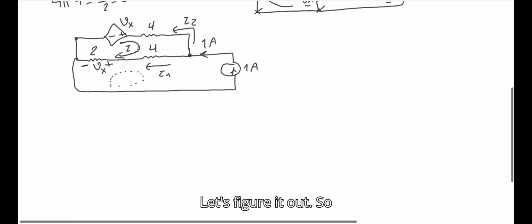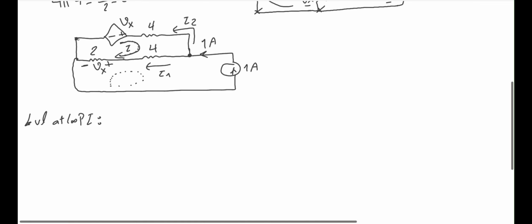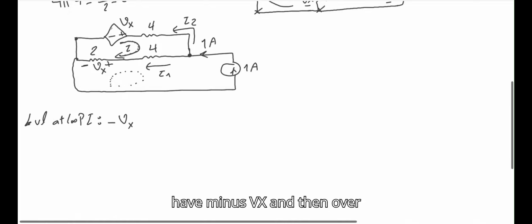Let's figure it out. So KVL at loop I. I start from here, I have minus Vx, and then over here, I2 is passing through this 4 ohm from the opposite side. That would be minus 4 times I2, and then I continue on over here, so I call this current I1.